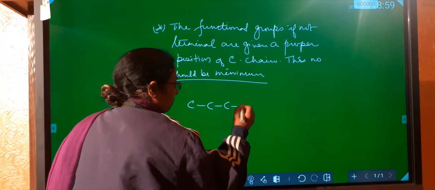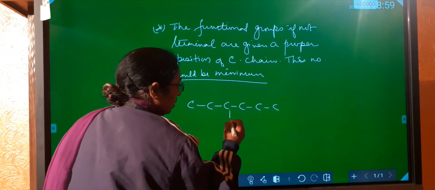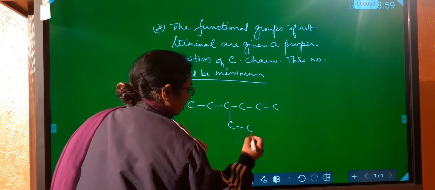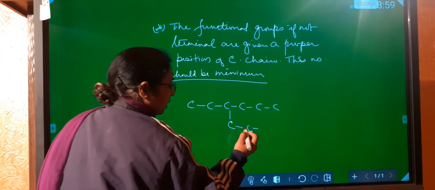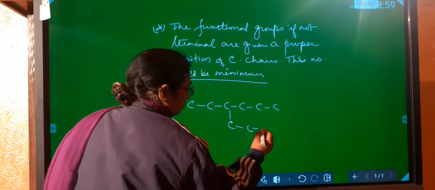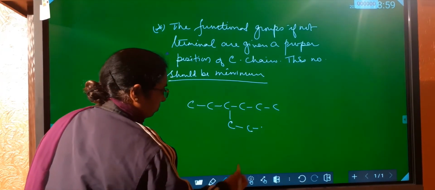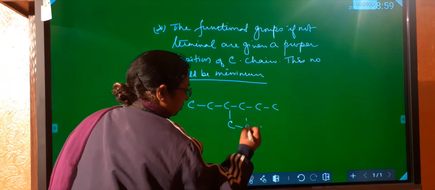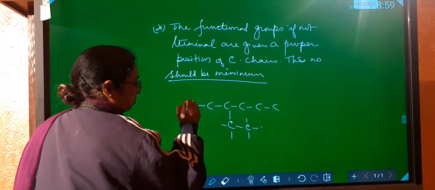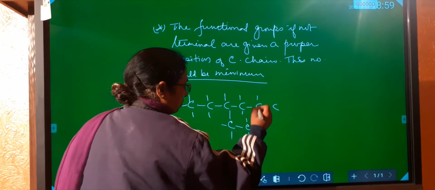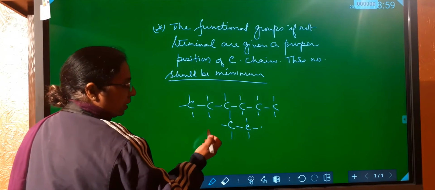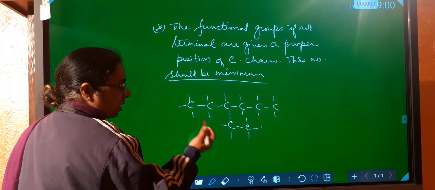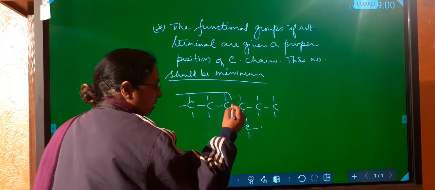Supposing I have a compound like this, so over here I have to identify which one is the longest chain. See how many chains we can have. One chain is like this.